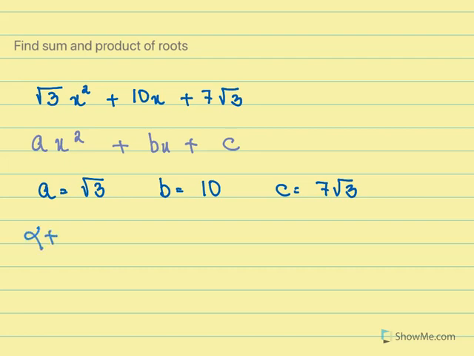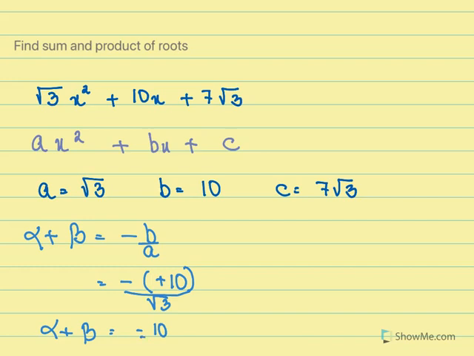So alpha plus beta equal to minus b by a, sum of roots. So here minus, b is plus 10, a is root 3. So sum of roots will be minus 10 by root 3.